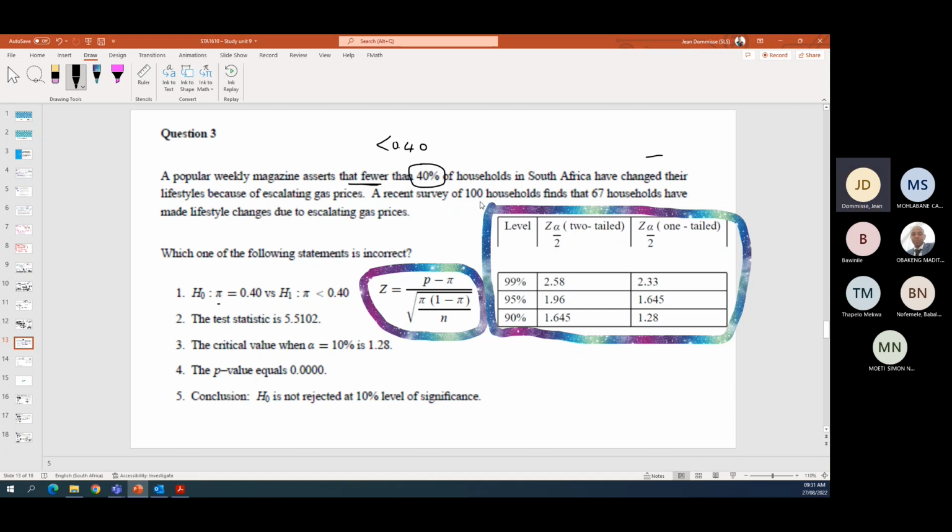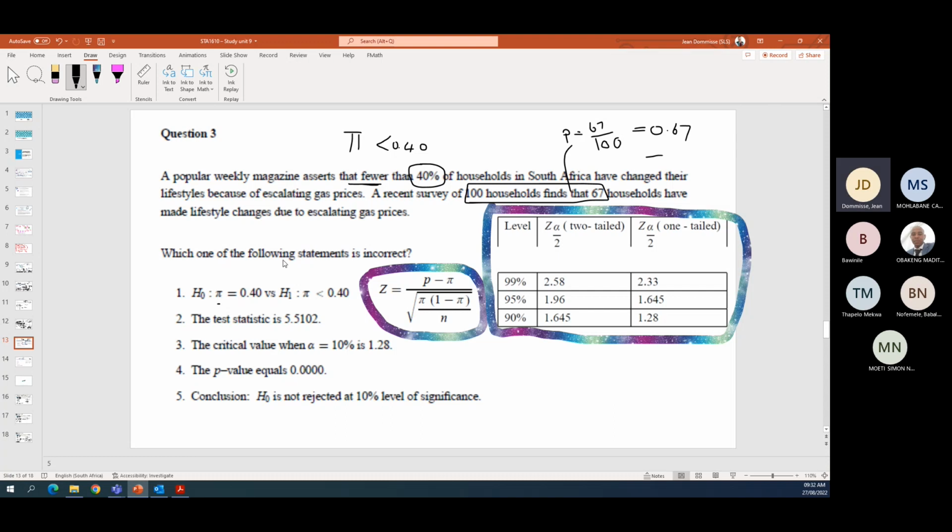A recent survey of 100 households finds that 70 or 67 households have made lifestyle changes due to the escalating gas prices. Okay, so 67 divided by 100 gives us 0.67. Okay, so we have here the alpha and there we have the P.